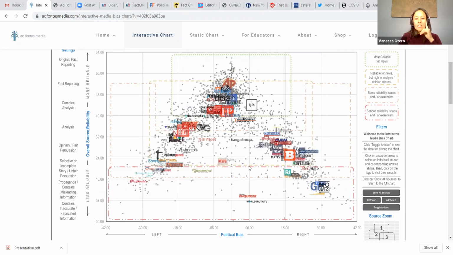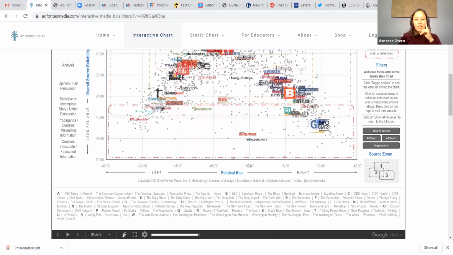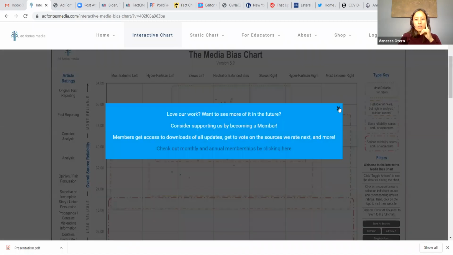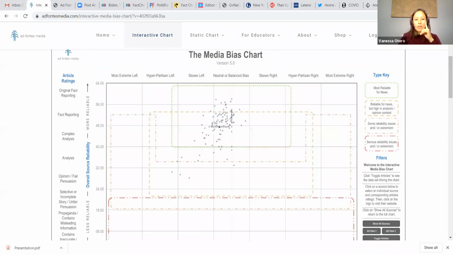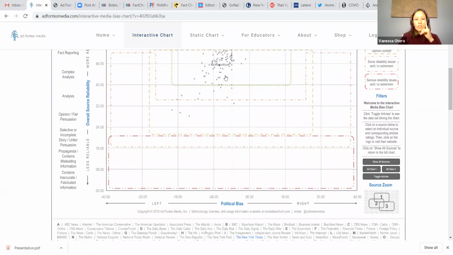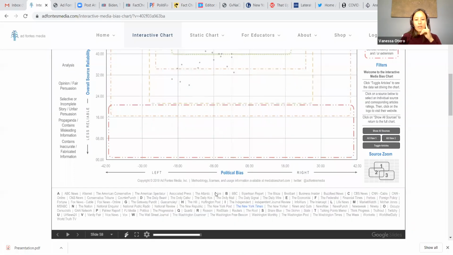All right, so let's take a look at something like the New York Times. Most of their articles are up here in the middle, and there's some left-leaning opinion in there. Okay, some neutral opinion analysis. All right, so the weighted average comes up here.